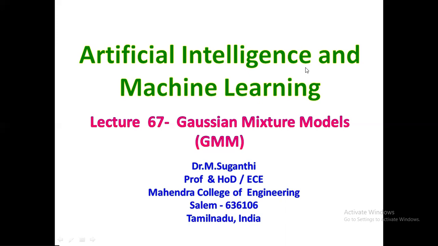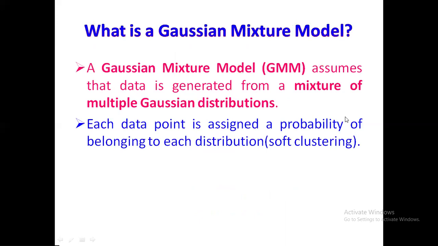So first, we should know what is Gaussian mixture model, that we are calling GMM. This Gaussian mixture model is a probabilistic model used to represent normally distributed subpopulations within an overall population.